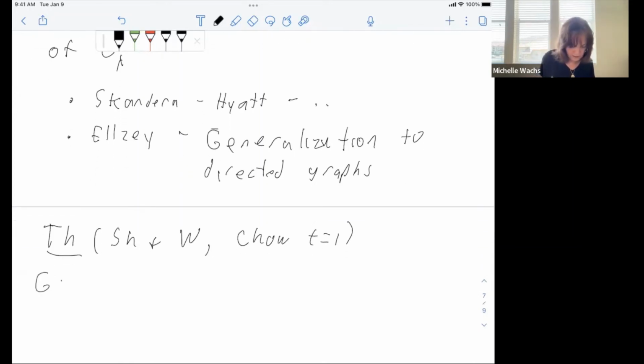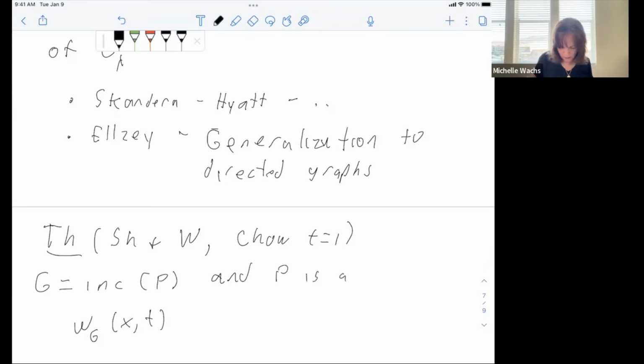So now G is the incomparability graph of any poset, and that implies that omega X_G of T, of course, P is a poset on vertex set N, or any ordered set.